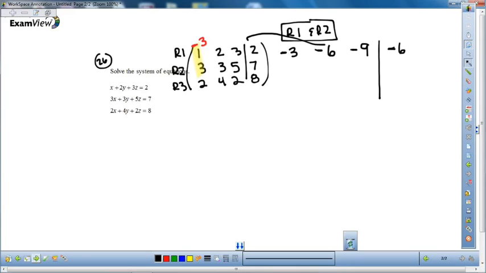Okay, row 2 is just going to stay the same. So if I add these, I'm going to have 0, negative 3, negative 4, 1. So this is my new row 2.